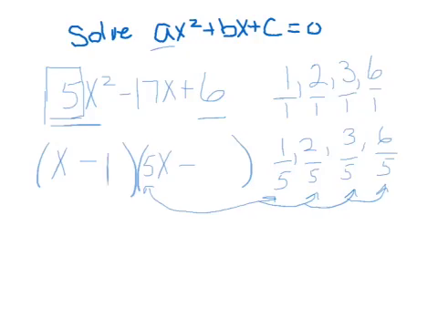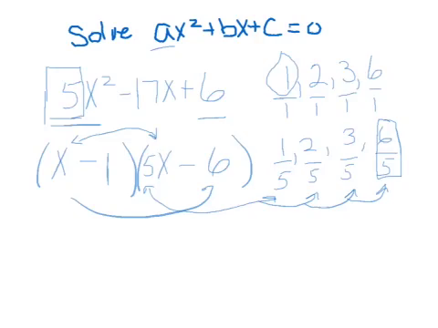Let's try the 1 and the 6. Okay, so I'm trying this binomial and this one. If I FOIL this back, I will have 5x squared, that's good, minus 6x minus 5x. That would give me negative 11x. So that's not right.